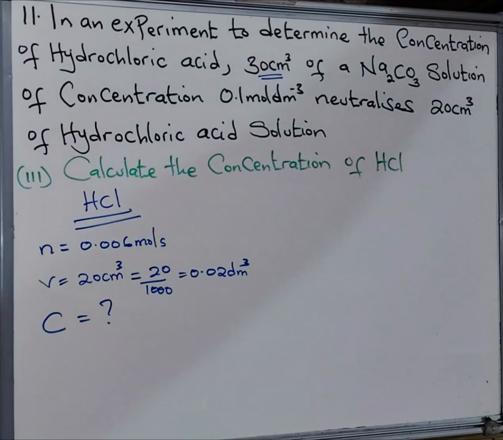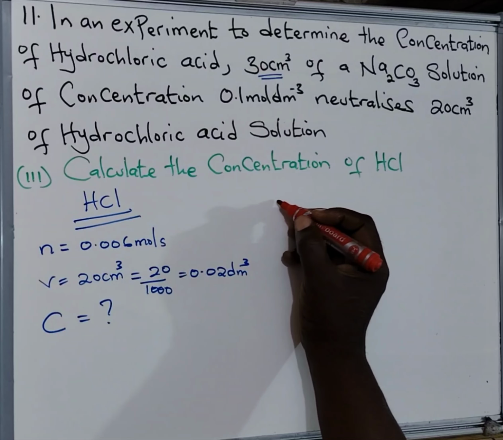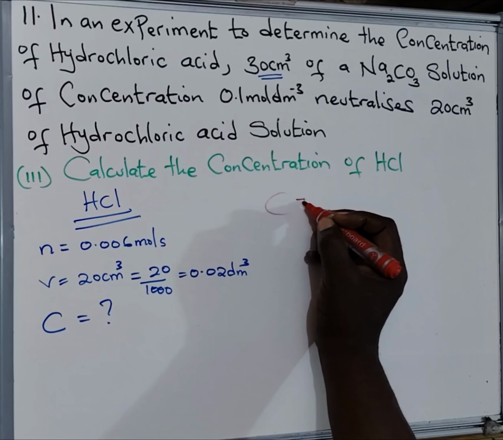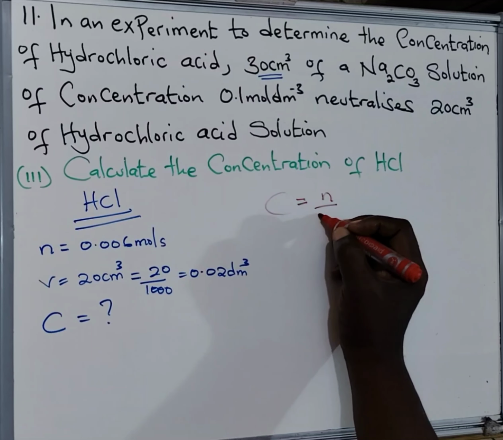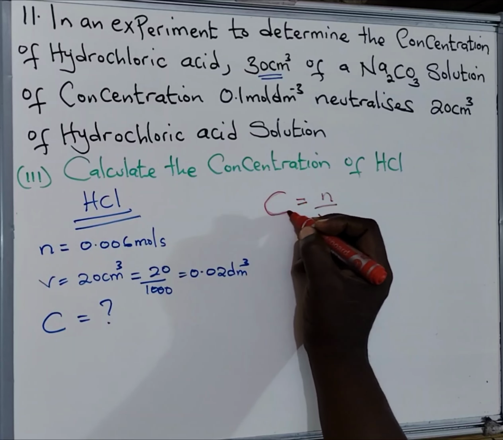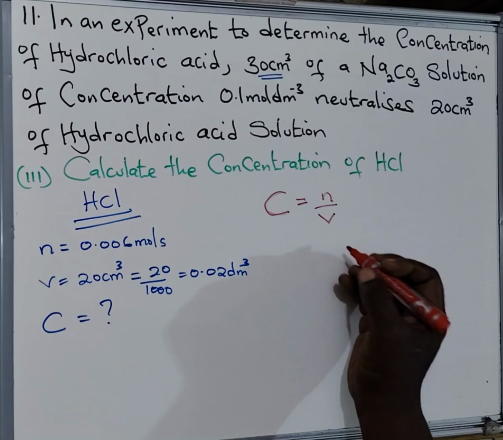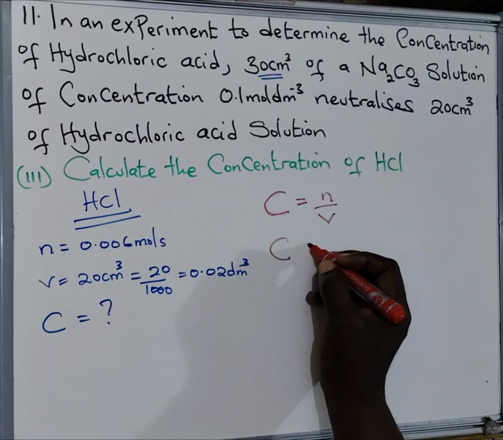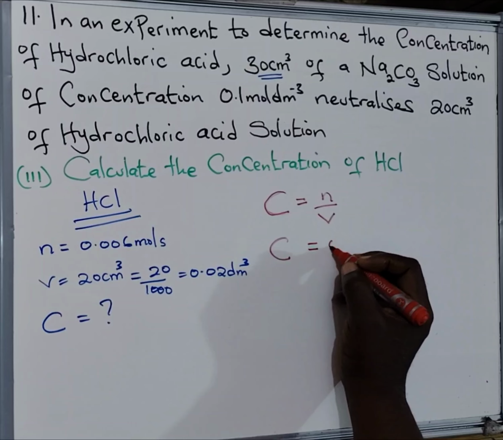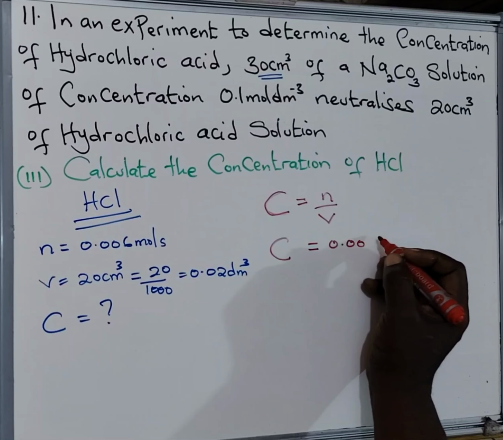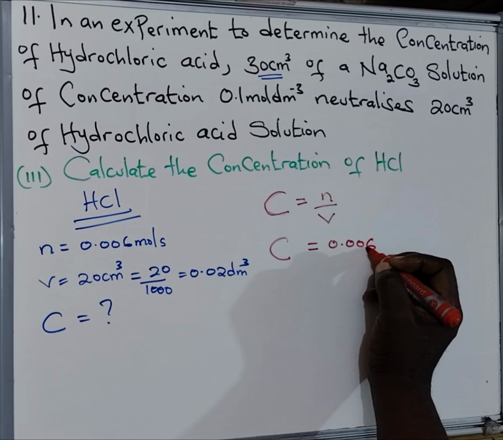So with this information, what do we do? We go for the kill. We have the equation which says C is equal to n over V. Okay. And we know n, which is 0.006.